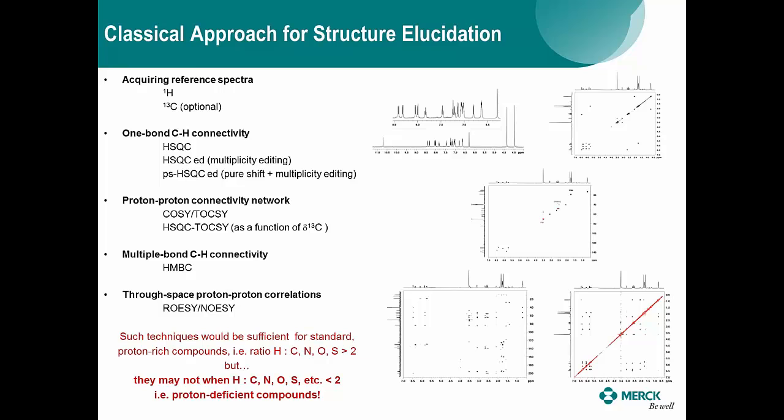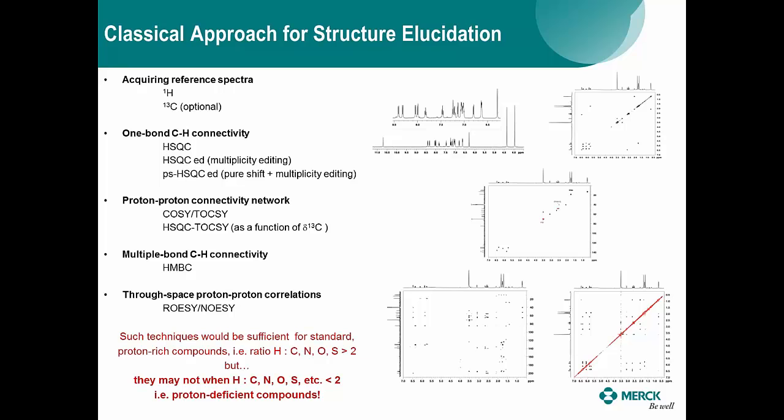NMR experiments, which in most cases would include acquiring a reference spectrum, like a proton NMR, obviously, and also a carbon NMR spectrum, which is optional. Then we have 2D NMR experiments providing heteronuclear correlation information, like the HSQC and different versions of the HSQC with multiplicity editing, and more recently with pure shift and multiplicity editing as well, that provide information between protons and the carbons they are directly attached to by one bond.